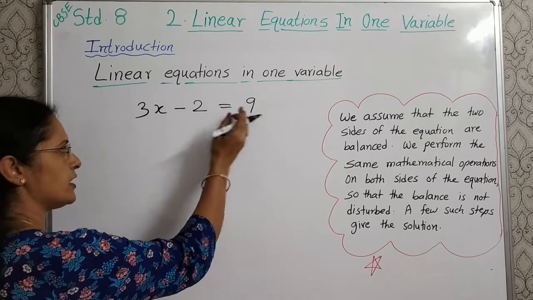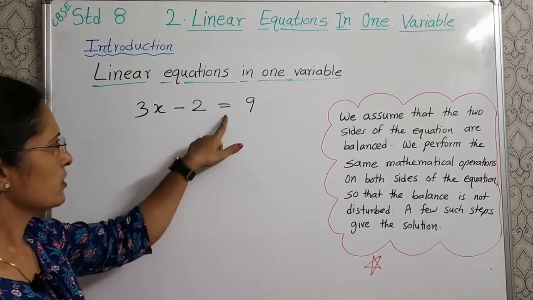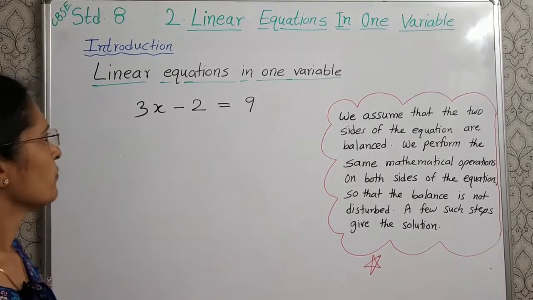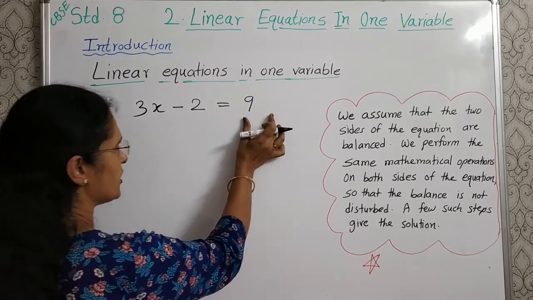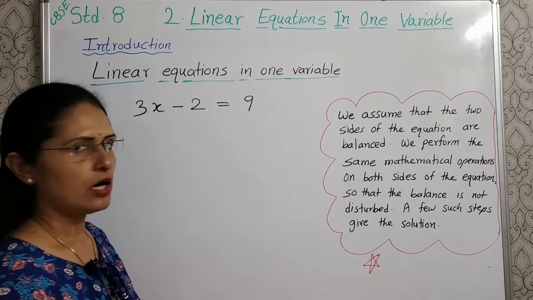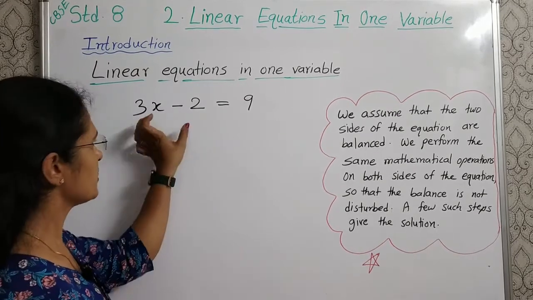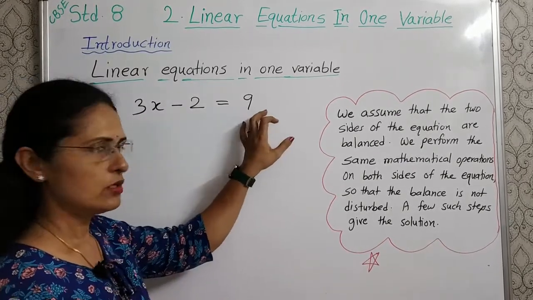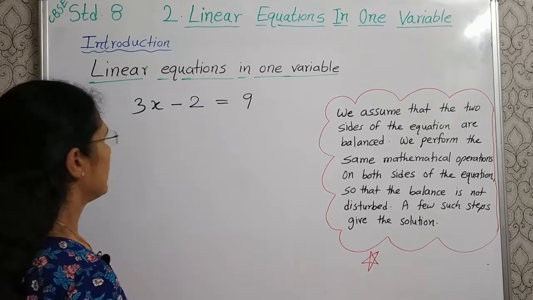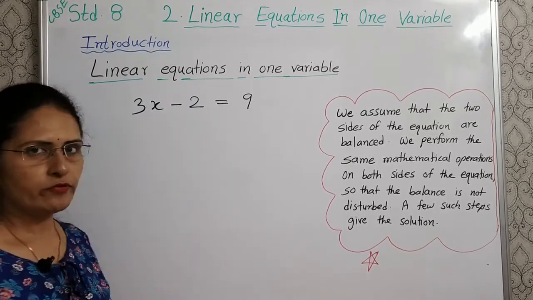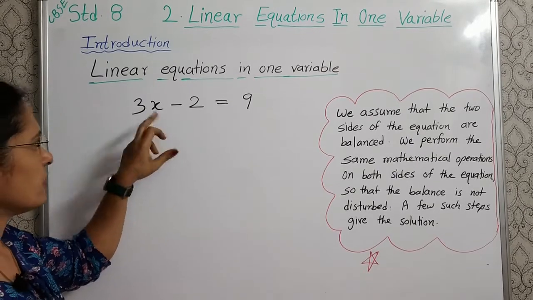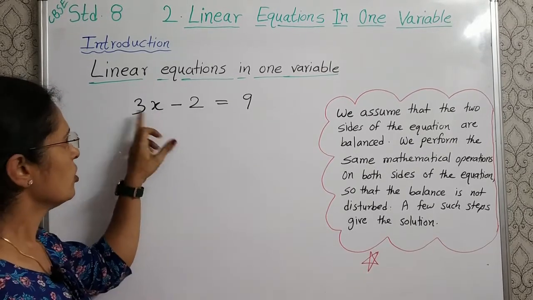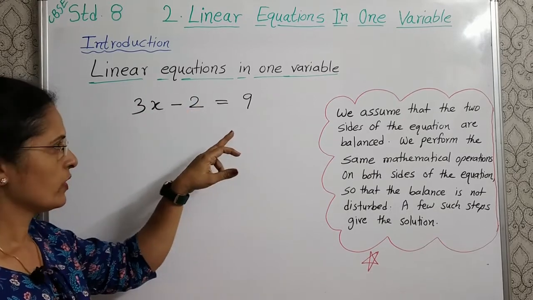This has LHS and RHS part, and here equality sign is there. Now here the values of LHS and RHS are always equal. The LHS part is equal to the RHS part, and this is true only for the certain value of x, and that value will be the solution of this equation.